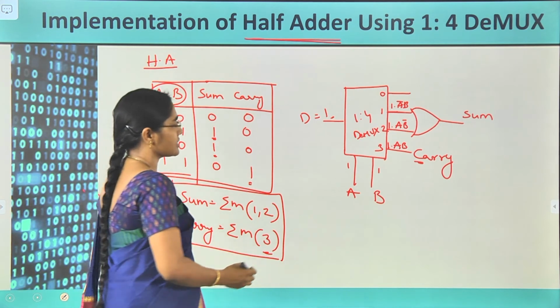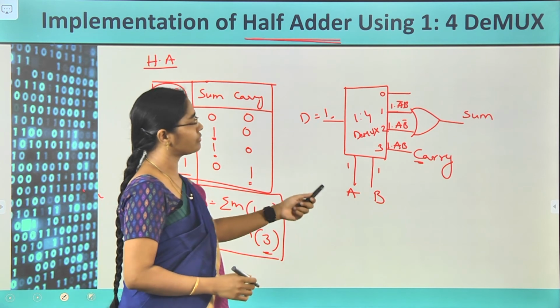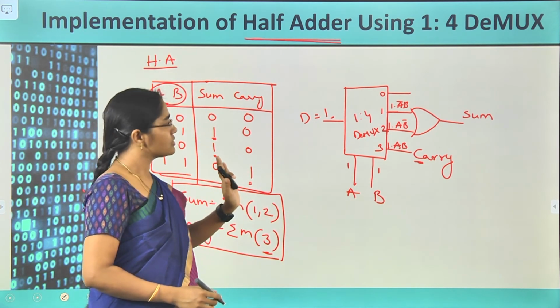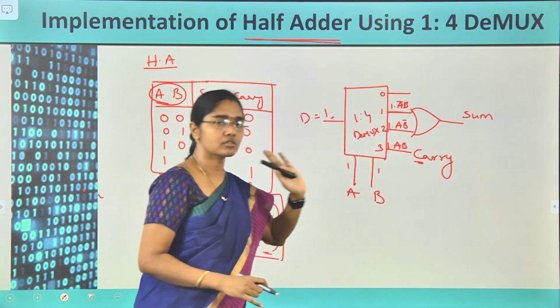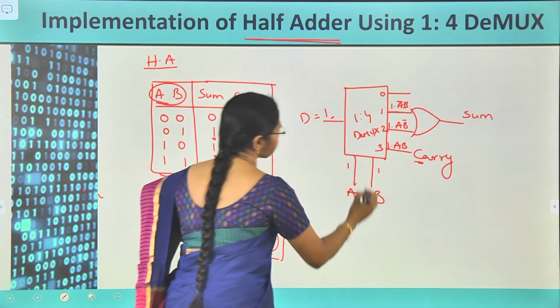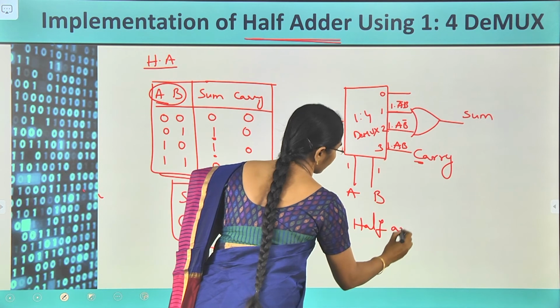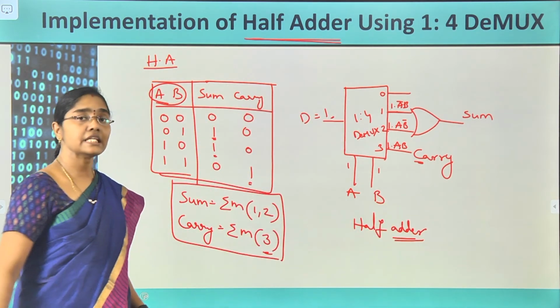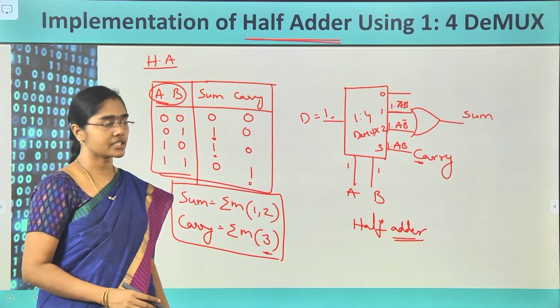Okay. Like this, it is the 1:4 demultiplexer. So, implementation of half adder using 1:4 demultiplexer. Here one 1:4 demultiplexer is required and one OR gate is required. So, this is the final half adder using demultiplexer, to the size of 1:4 demultiplexer.